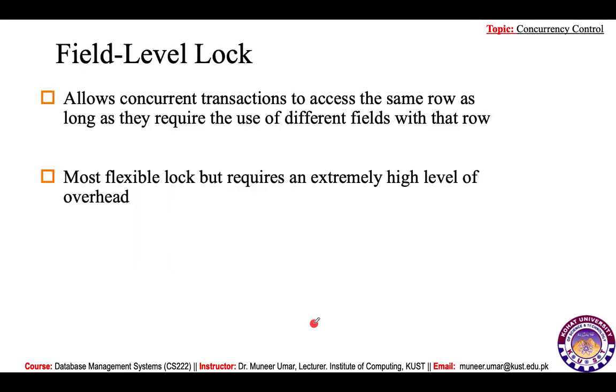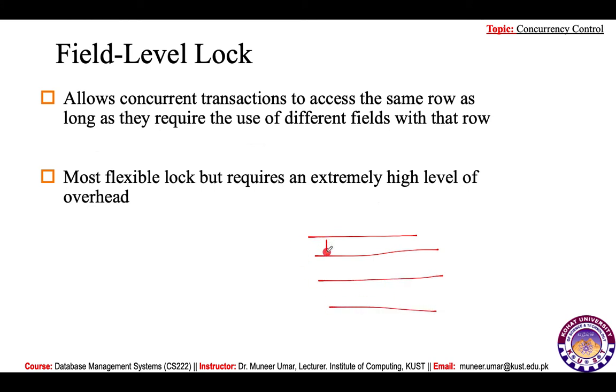Then we have field level lock. Field level lock allows concurrent transactions to access the same row as long as they require the use of different fields within that row. Suppose here we have some rows in a table.